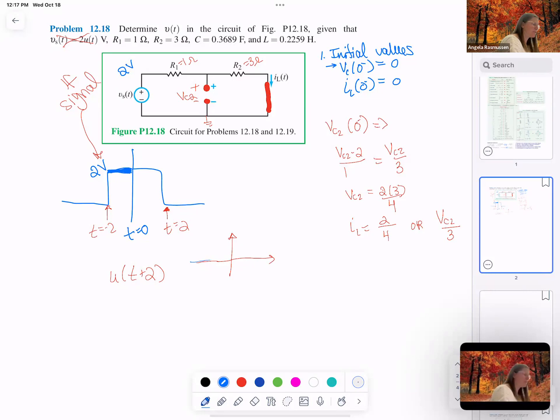So it's going to come up at, so it's going to look like that one. So we have that one at a value of 2, and then we need to subtract off this portion, right? We need something that comes up and then is subtracted off. And so what will this one be?